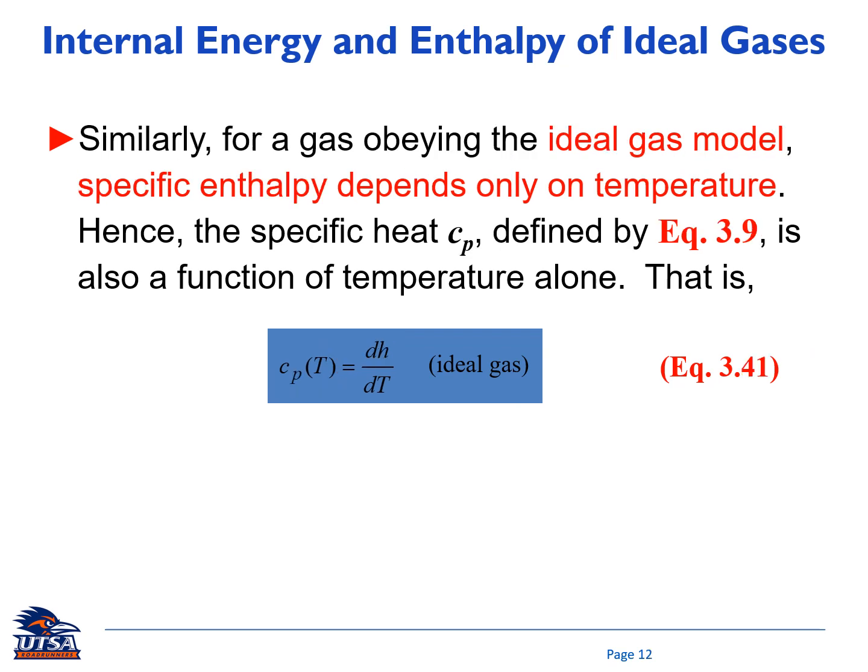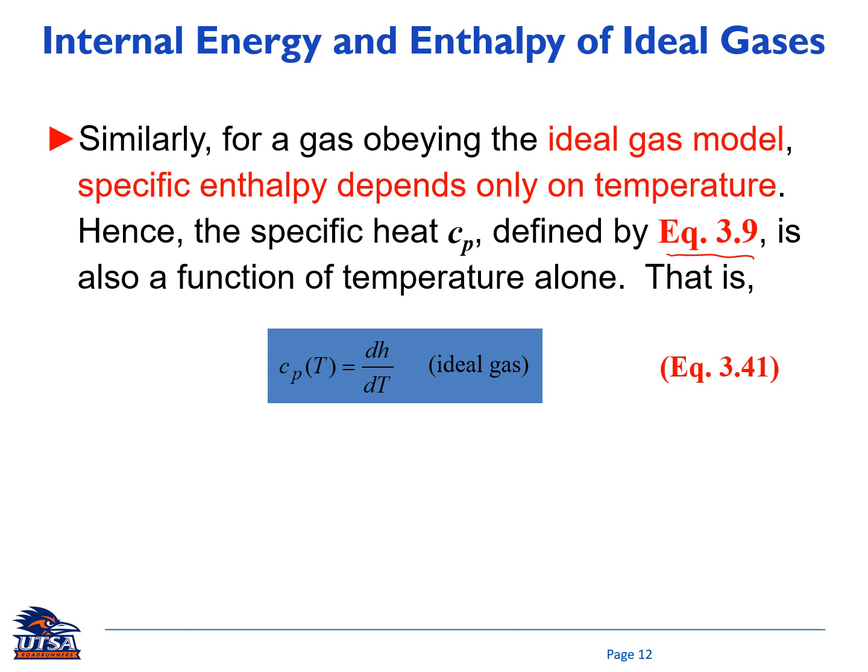Similarly, for a gas obeying the ideal gas model, specific enthalpy depends only on temperature. If you look back again at the previous slide, you see equation 3.9 that defines Cp, so Cp equals dh over dT.